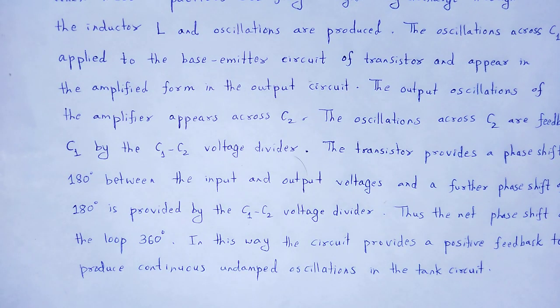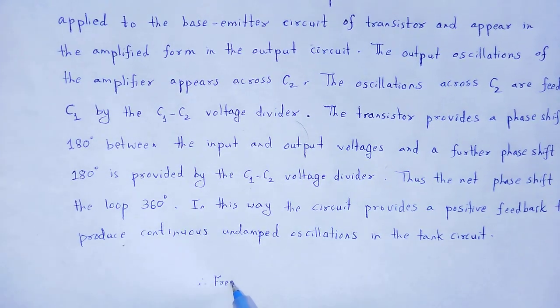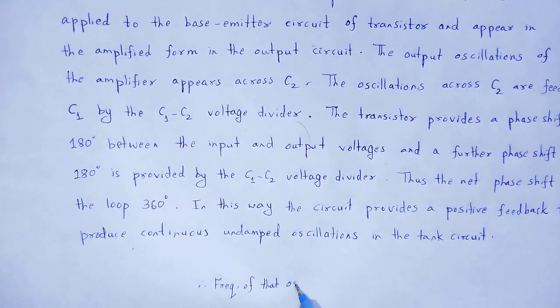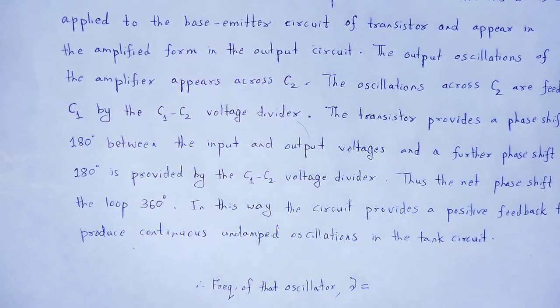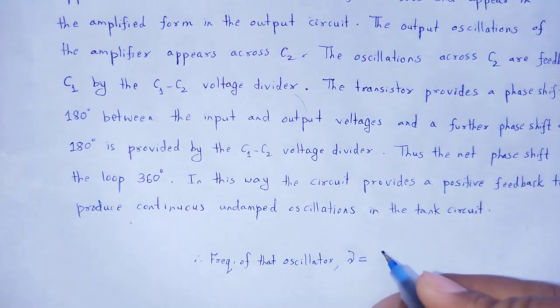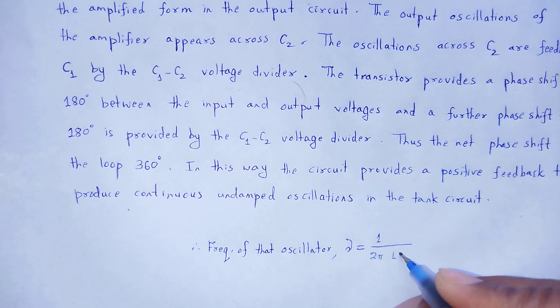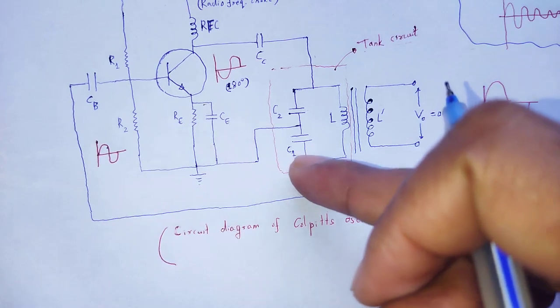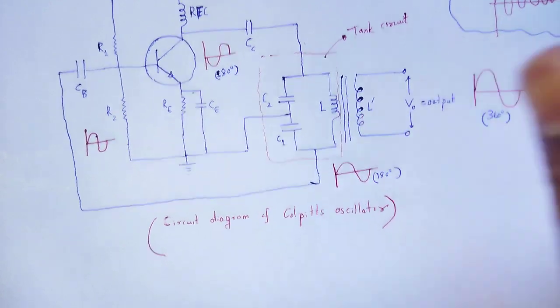So what be the frequency? Therefore frequency of that oscillator is the frequency of the tank circuit. Here the expression of frequency of tank circuit is 1 by 2 pi under root of LC. In case of that type of tank circuit, C1 and C2 are connected in series.